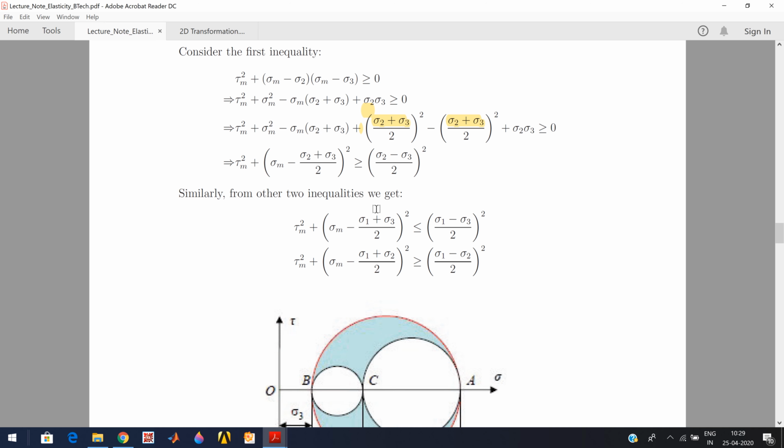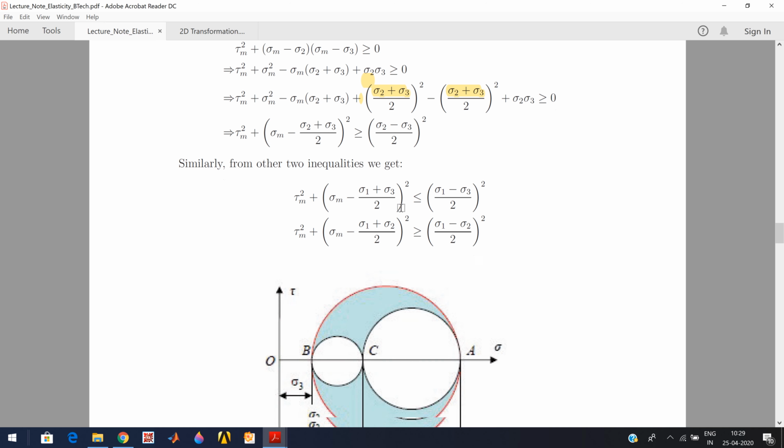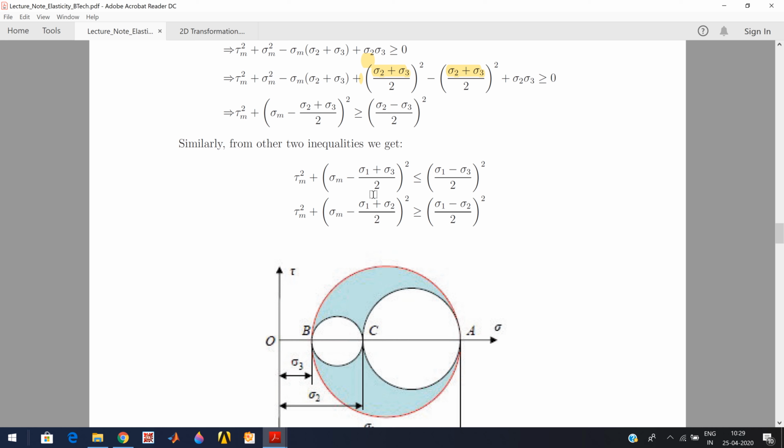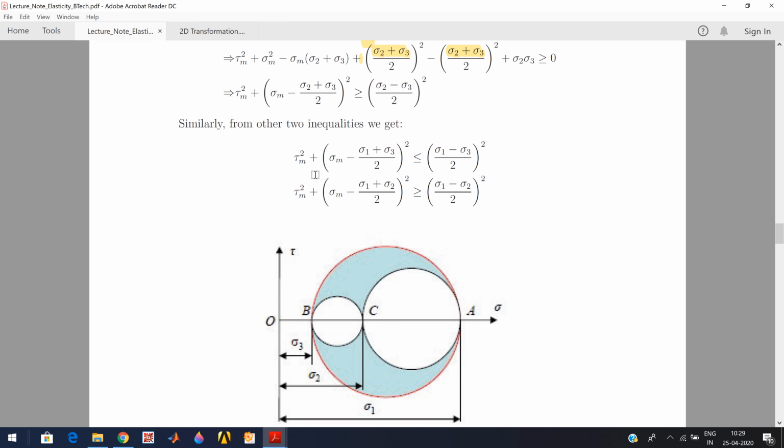Similarly, from the other two equations we will get two inequalities, and these two also are equations of circles. In the first one, the center will be sigma 1 plus sigma 3 by 2, and the radius is sigma 1 minus sigma 3 by 2, and because of the less than or equal to sign, the tau m and sigma m will be inside that circle.